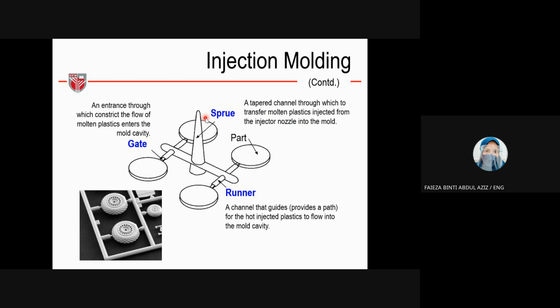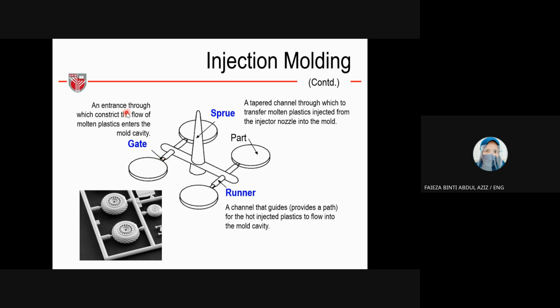Then they pass it to the runner. The runner is a channel that guides and provides a path for the hot injected plastic to flow into the mold cavity. So these are the parts. But before they pass to the part, they will see the gate here.